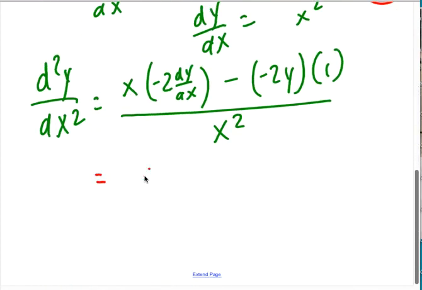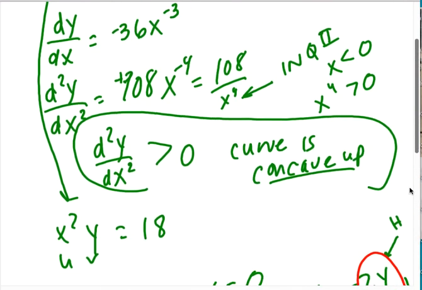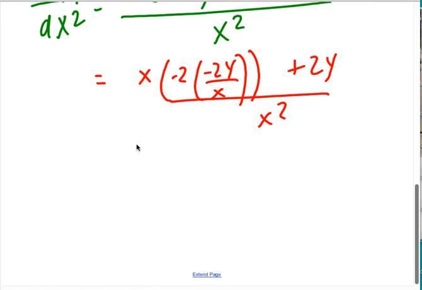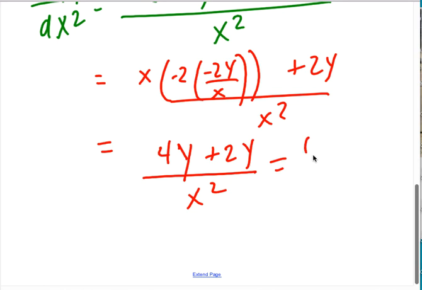So this would be an x times a negative 2 times a negative 2y over x, plus a 2y, all over an x squared. So you get that this is a 4. The x's will cancel, so 4y plus 2y all over x squared, which is a 6y over x squared.